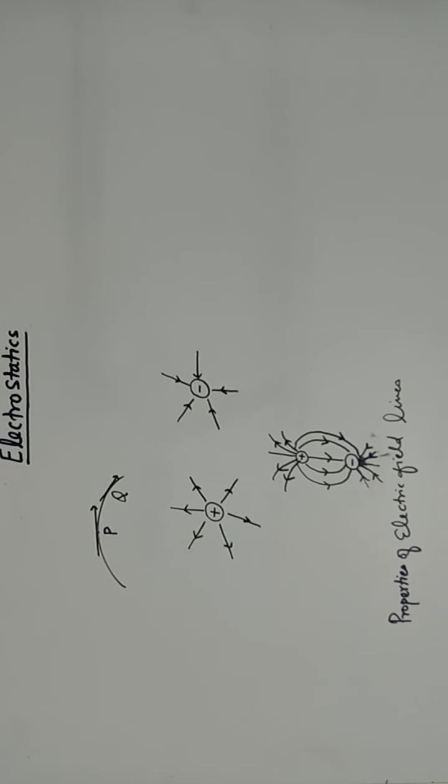Number two, the tangent to the electric field line at any point gives the direction of the electric field intensity at that point. According to the definition, this point is covered.